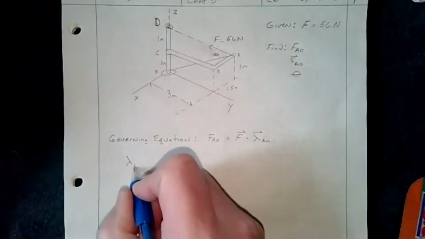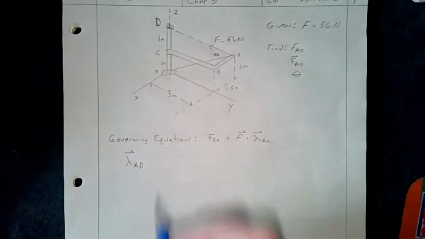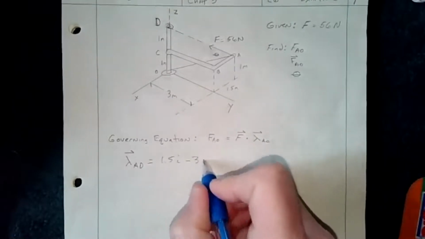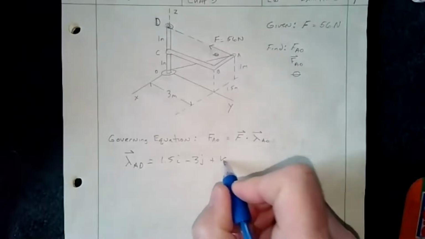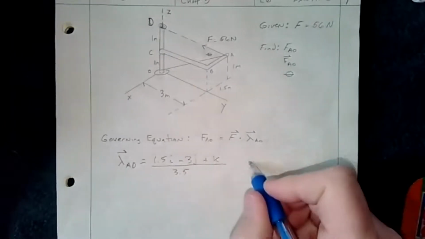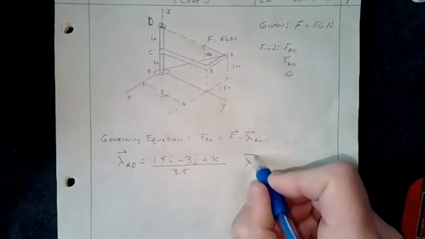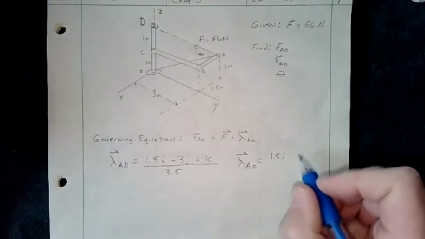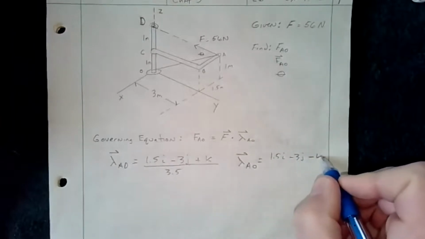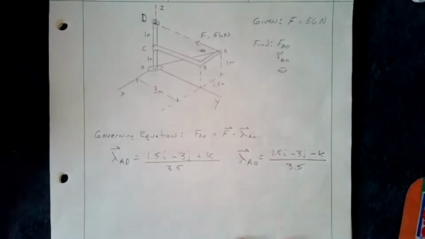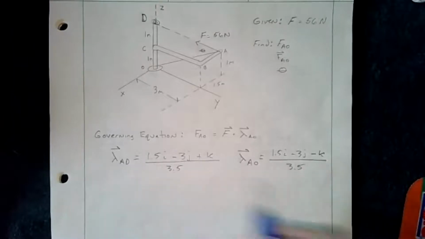We know that lambda AD is going to equal 1.5i minus 3j plus 1k, and if we divide that by its magnitude, that's going to be 3.5. We're also going to need lambda AO. That's going to look similar: 1.5i minus 3j and minus k, all over the same 3.5. So we have those equations. We're going to come back to them. The first thing we want to do is figure out what is F.